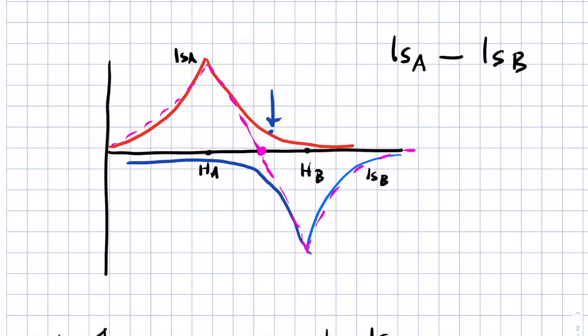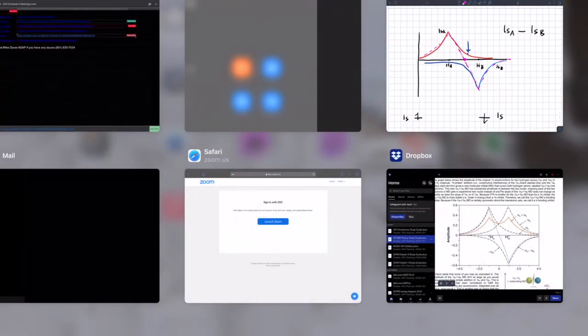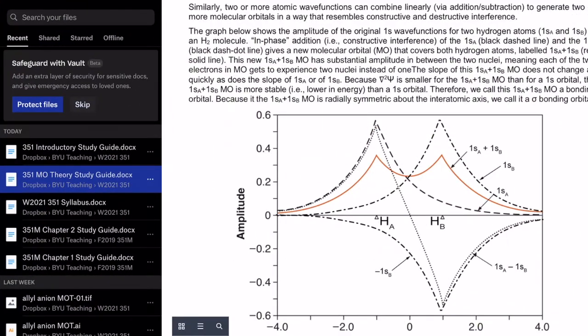there. All right, and if I could maybe just switch back over to Dropbox and use my cursor, here, this tiny dotted line that you're seeing, that's the 1sa minus the 1sb. And you can see that at the peak, the slope starts to change even more rapidly, right?